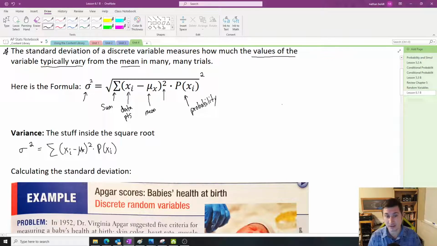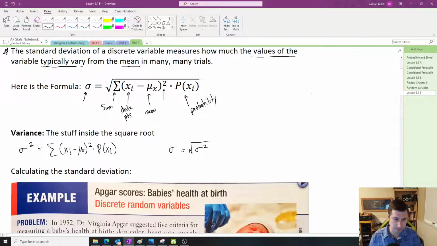That would get rid of the square root, and that would leave just the stuff that was on the inside. So the variance is oftentimes where you start. You calculate the insides. That is sigma squared, the variance. And then if you want the actual standard deviation, you just square root the variance. All right, so the standard deviation is equal to the square root of the variance, which is sigma squared. That sounds a little redundant, I know, because the square root and the square just cancel out.